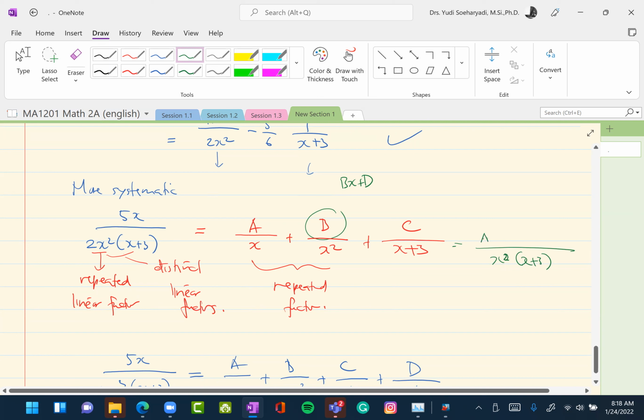So a square should be C tilde in general. So how many parameters do you need? 1, 2, 3. And if you put this bx plus d, you should get 1, 2, 3, 4.